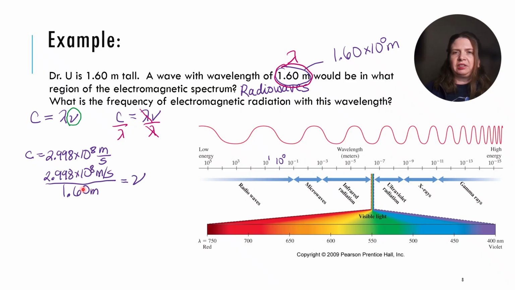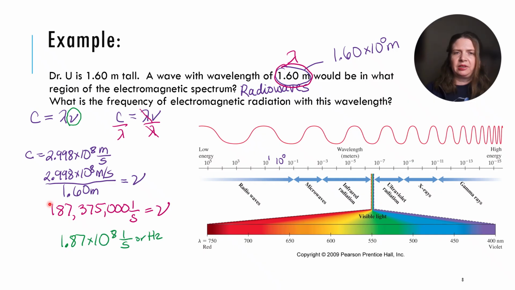Dividing this by 1.60 meters causes the meters to cancel out, leaving the units of per second. Performing the calculation gives us a frequency of 1.87 times 10 to the 8th per second, or you could say 1.87 times 10 to the 8th hertz. This value is reported to 3 significant figures to match the given wavelength.